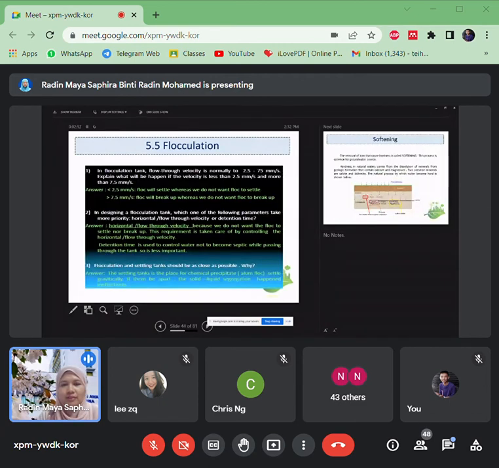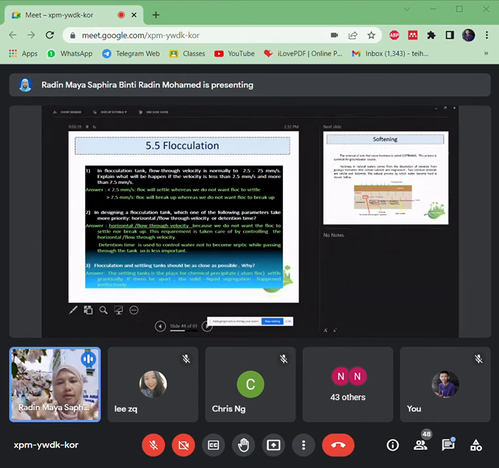Okay, saya baca ke sini. So if less than 2.5, the flock will settle, but we don't want the flock to settle. We want the flock to form more flocks, or make larger particles or larger flocks. If more than 7.5 millimeter per second, the flock will break up.